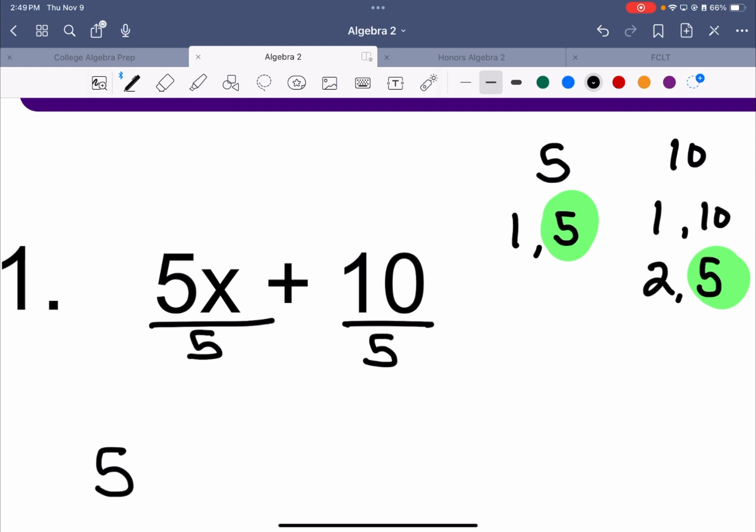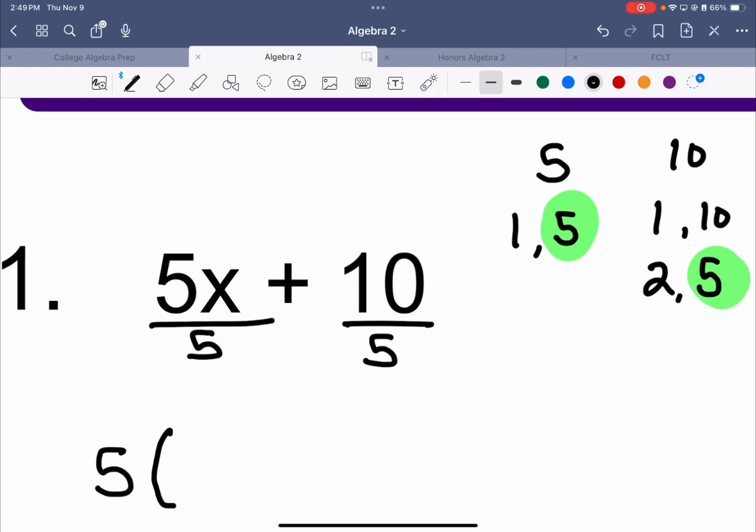Now we also have to look at the variable. The first one has an x in it. The second one doesn't, so they don't have any variables in common. We can't take out a variable in this case. We can only take out the 5.